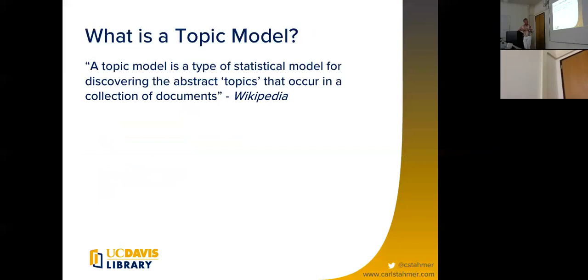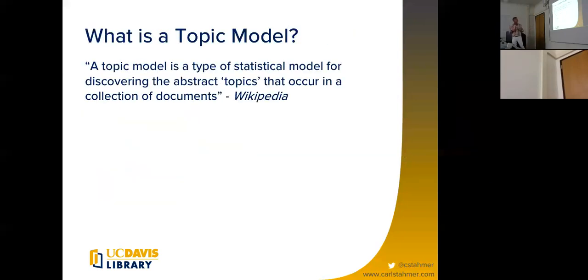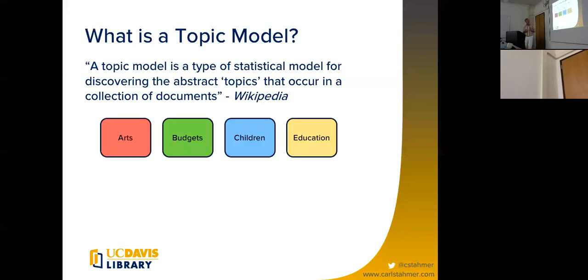In the topic modeling definition, we also have to discover the abstract topics. So an assumption of topic modeling is that I don't know what these topics are when I begin. I just have a bunch of text, a bunch of words.